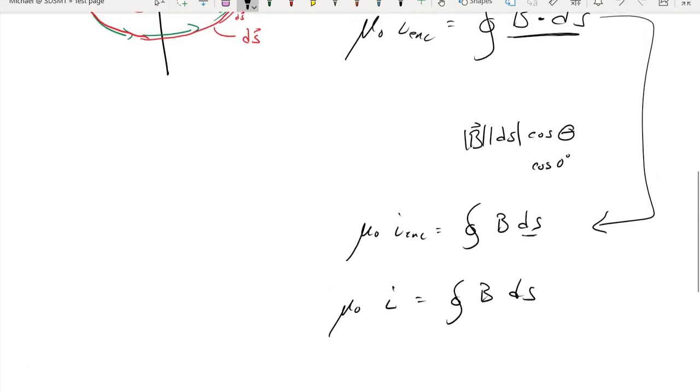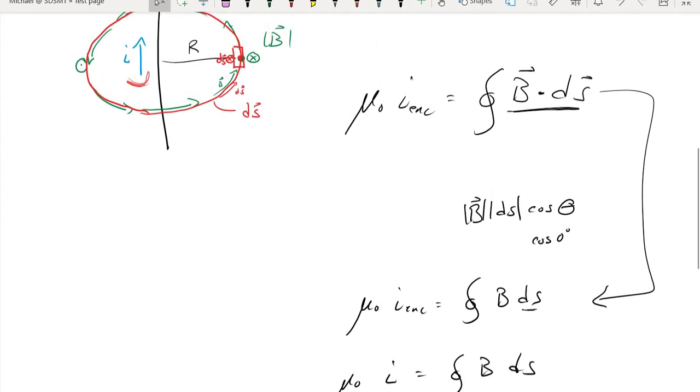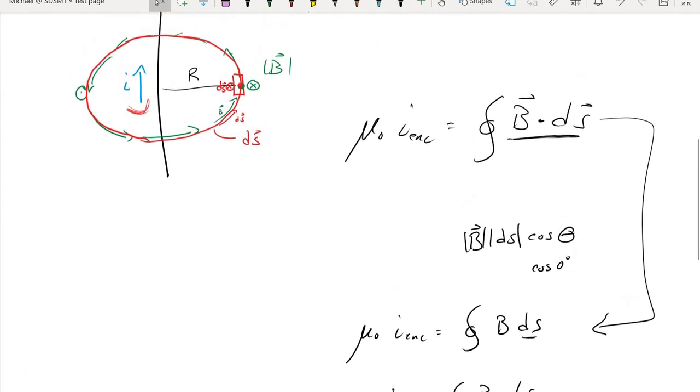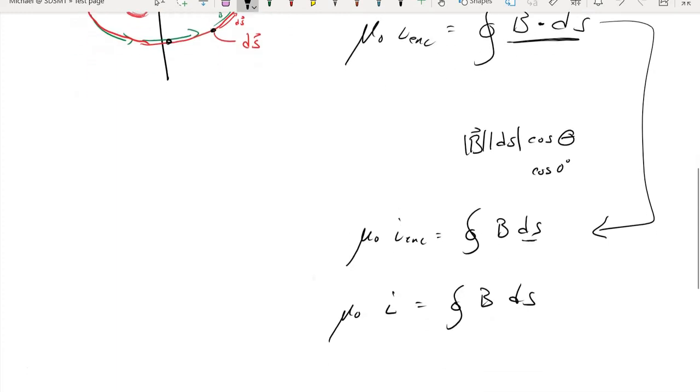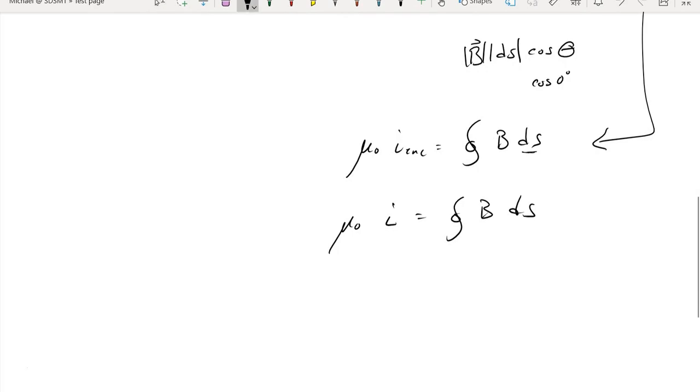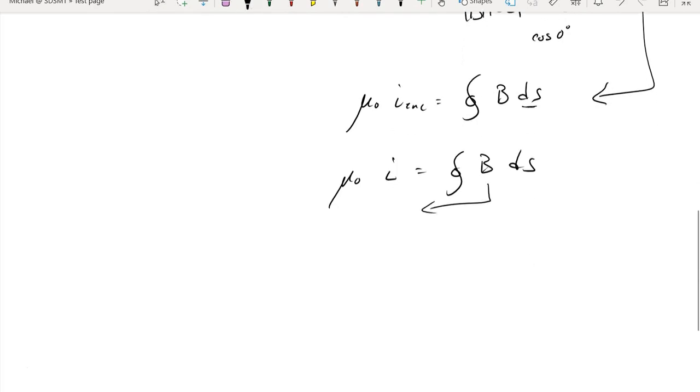The last thing that we have to do, we can realize at this point that at all locations on our Amperian loop, we're expecting a uniform magnetic field. And if the magnetic field is uniform, it can be brought out front of the integral.